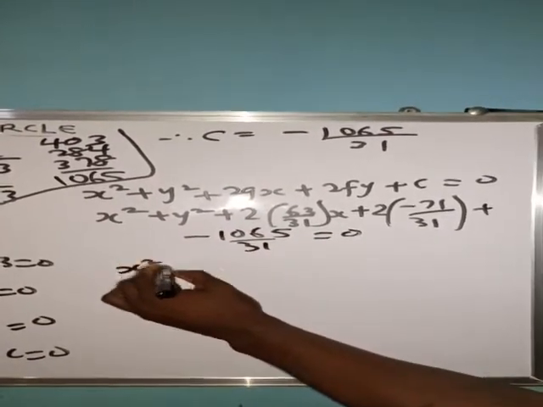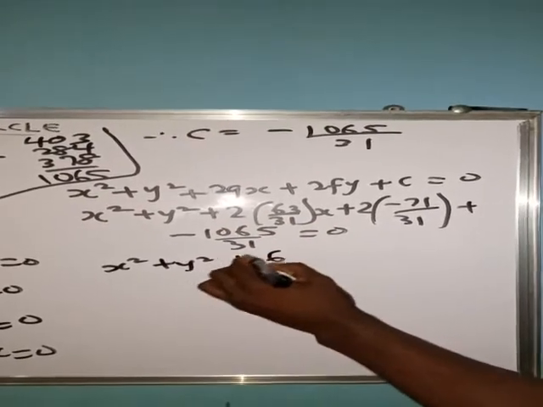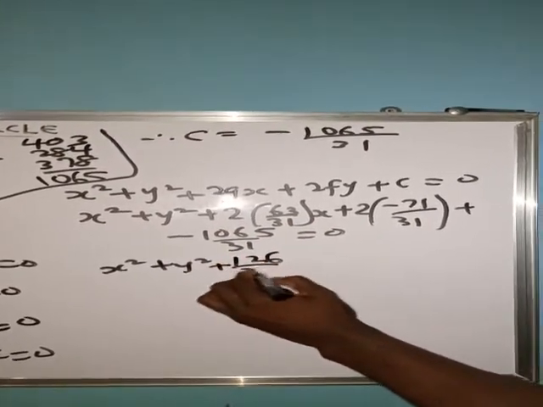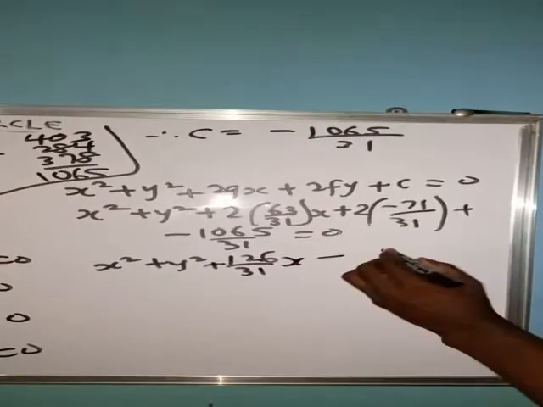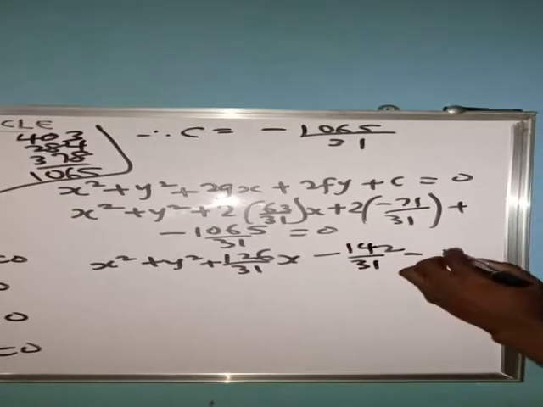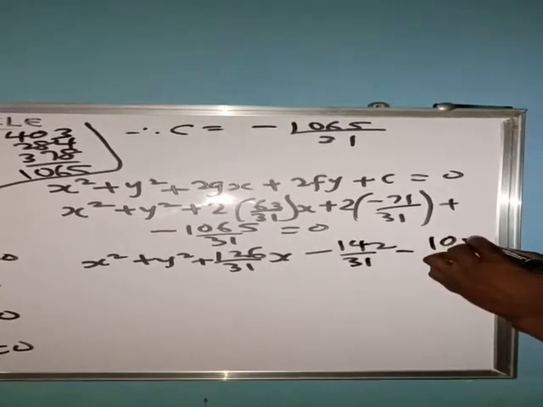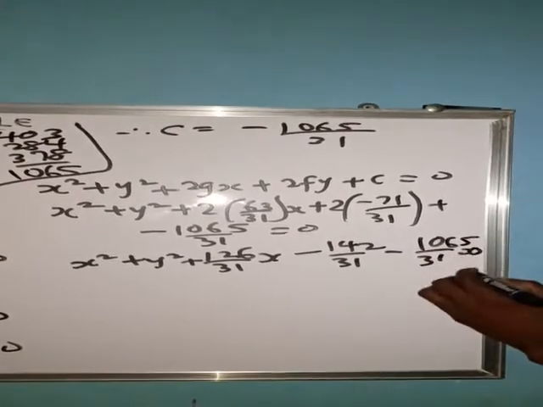So x squared plus y squared, 2 times 63 is 126 over 31 x, plus times minus is minus, 2 times 71 is 142 over 31 y, minus 1065 over 31 is equal to 0.